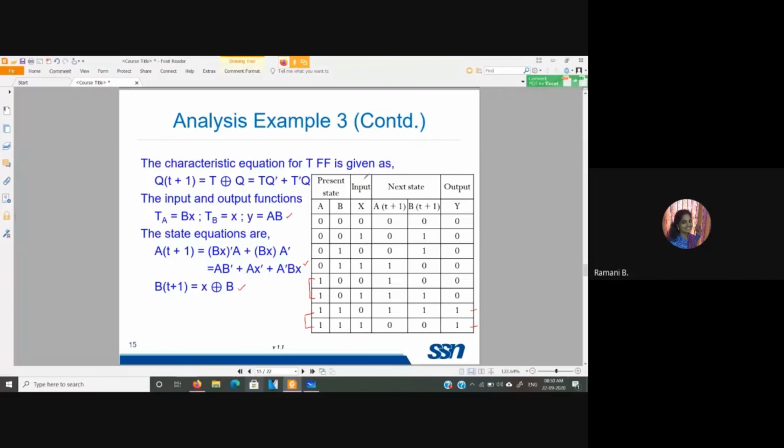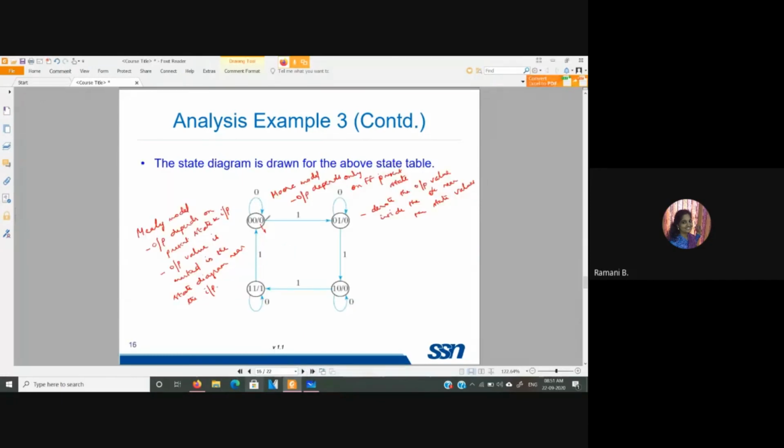Here the input is written here. For 1, 0 your output is 0. For 0, 1 the output is 0. For 0, 0 the output is 0. So you will have a commonality, and with respect to the input value, you could move on. For present state 0, 0 and input 0, you remain in the same state 0, 0. That's the reason why you have the self loop over here.